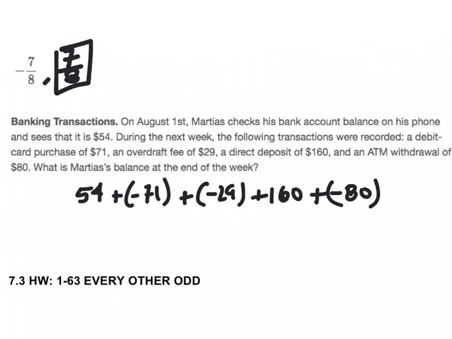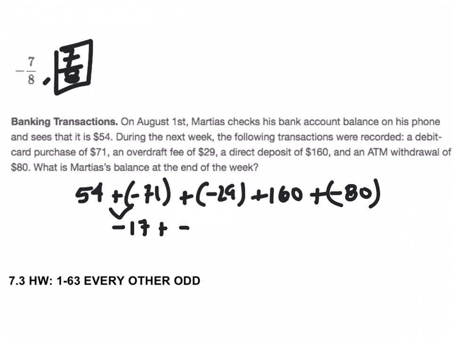So if I do 54 plus negative 71, let's see what that is. It's going to give me negative 17. So once you spend this money, you have negative $17. And then you take off another $29.